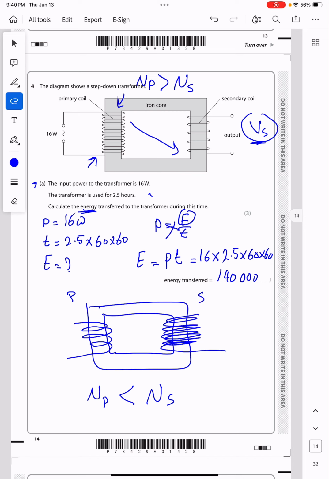This will cause the voltage Vp here to be small. So here, because we have a lot of turns, it's going to go up. Vs is going to be stronger than Vp, which means that Vp is less than Vs.